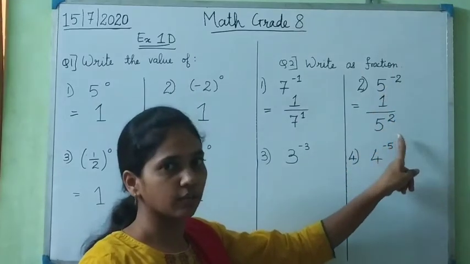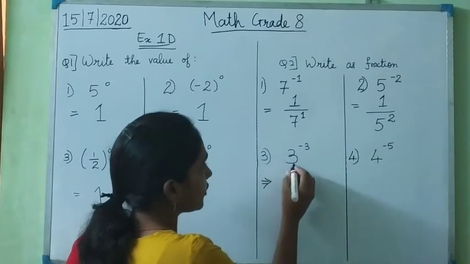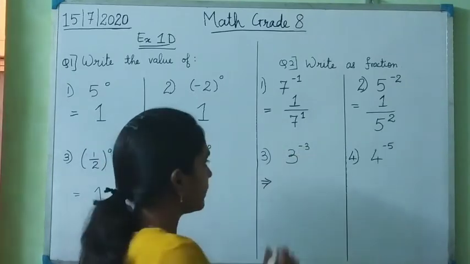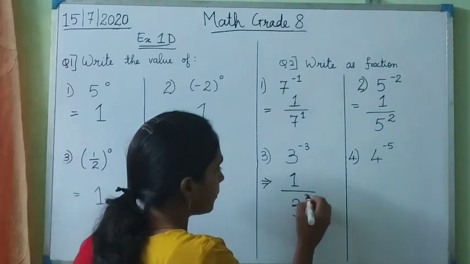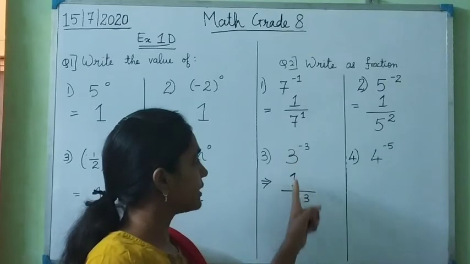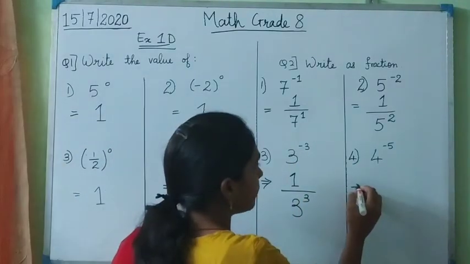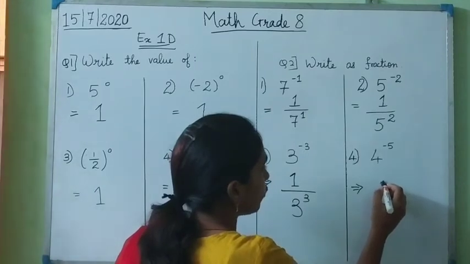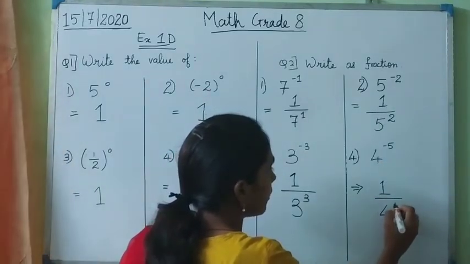to the positive sign. Okay, now the third example, 3 raised to the power -3 becomes 1 upon 3 raised to 3. The power is the same, which is 3, only its sign has changed, it has become positive now. Similarly, the fourth one, 4 raised to -5 will be 1 upon 4 raised to 5.